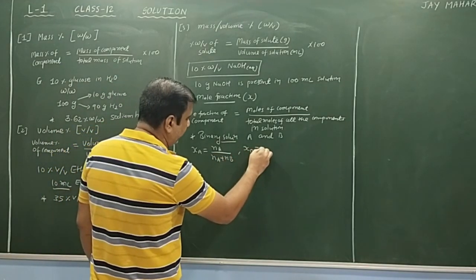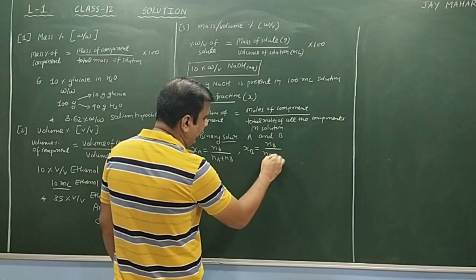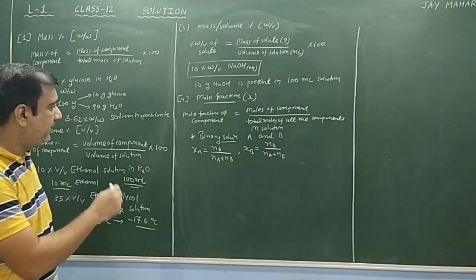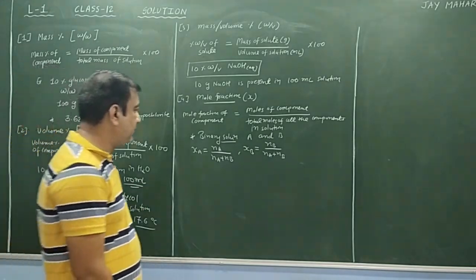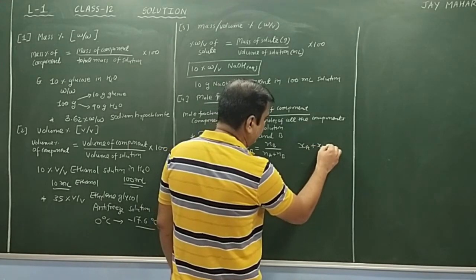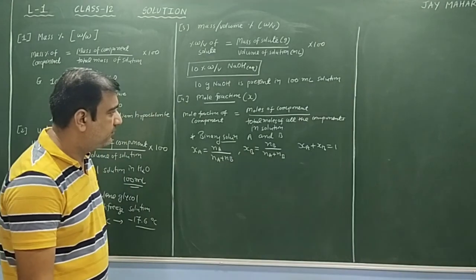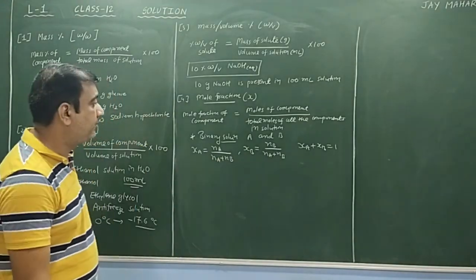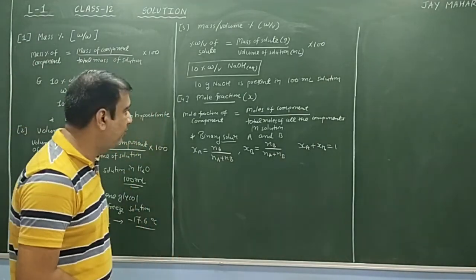Similarly, Xb equals Nb upon Na plus Nb, that means total moles. And remember, the addition of the mole fractions of all the components present in the solution is equal to 1. That means Xa plus Xb equals 1. Even with three or four components, the sum of the mole fractions of all components in the solution is equal to 1.